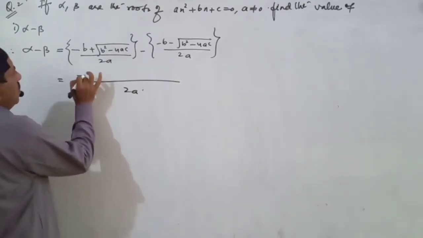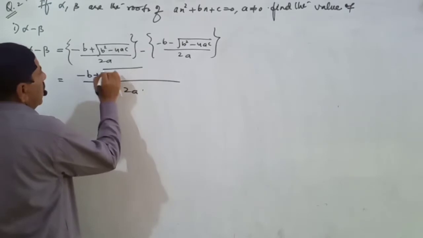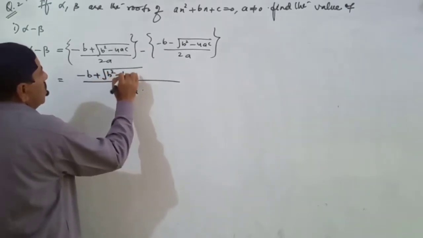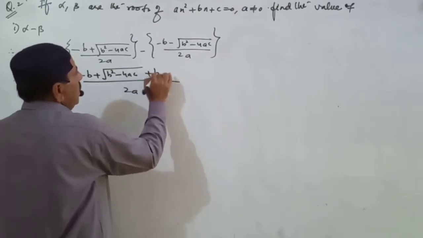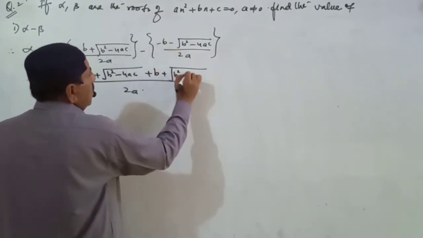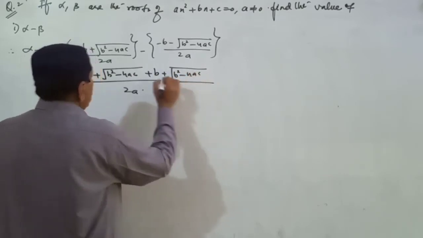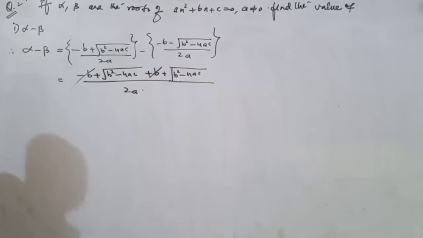This will be minus b minus (minus b) plus radical b square minus 4ac plus radical b square minus 4ac. So here b and minus b are of opposite sign.